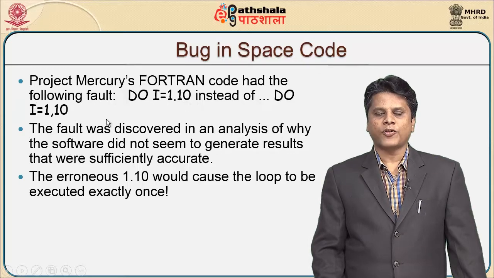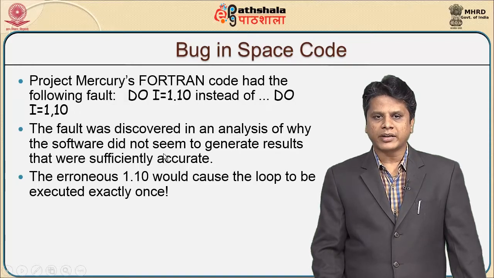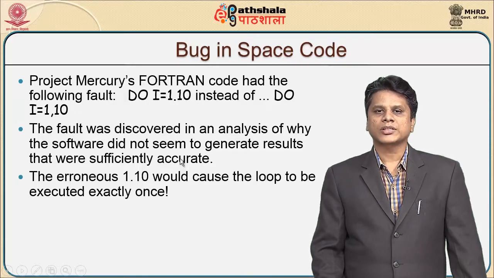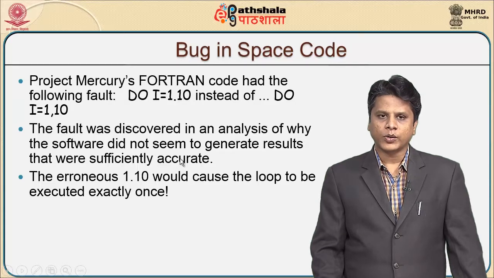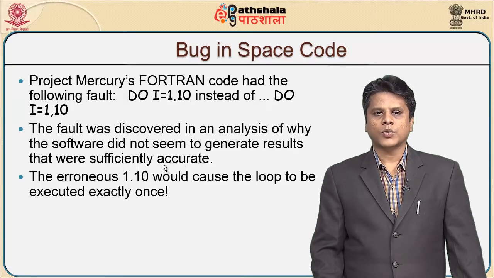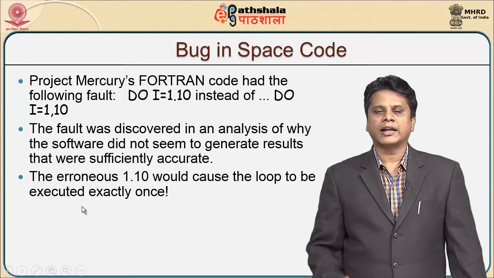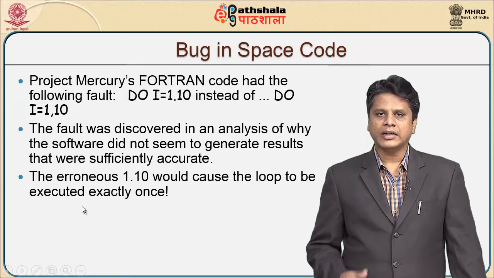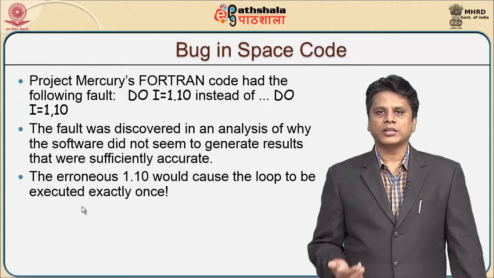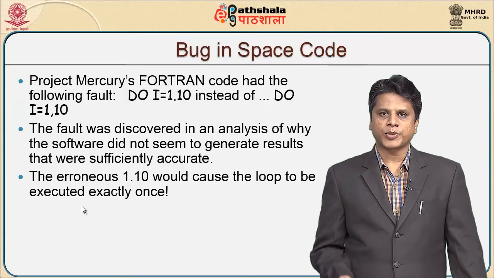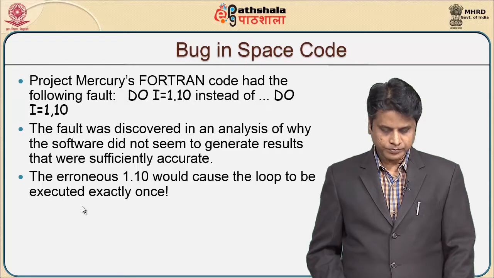So because of this fault, in an analysis of why the software did not seem to generate results that were sufficiently accurate, the erroneous 1.10 would cause the loop to be executed exactly once, instead of 10 times. The software executed this particular loop only once.